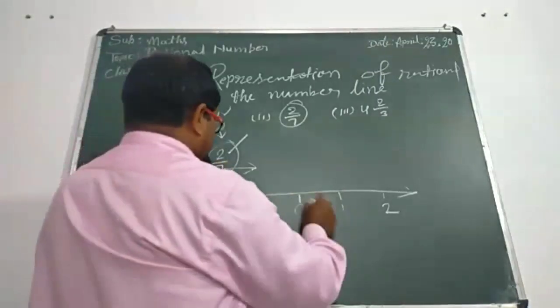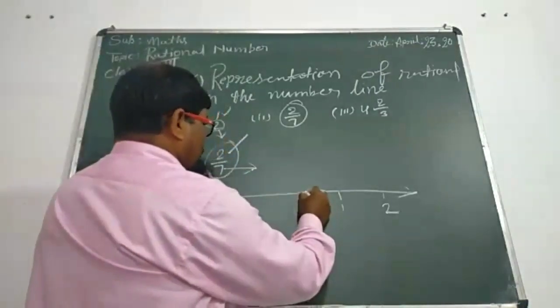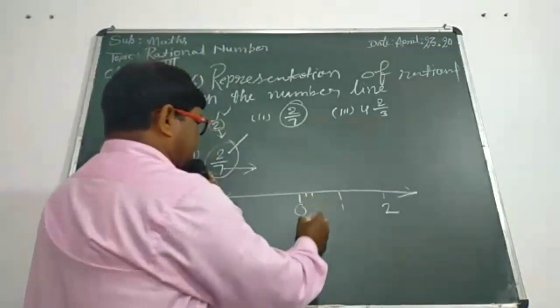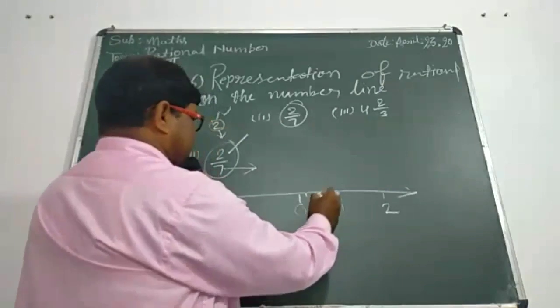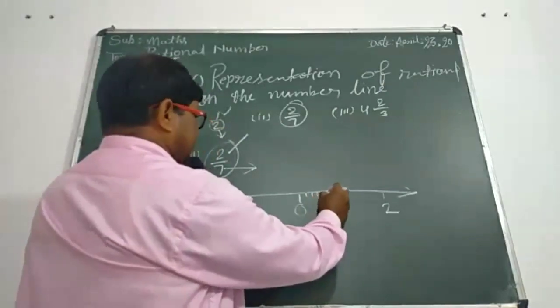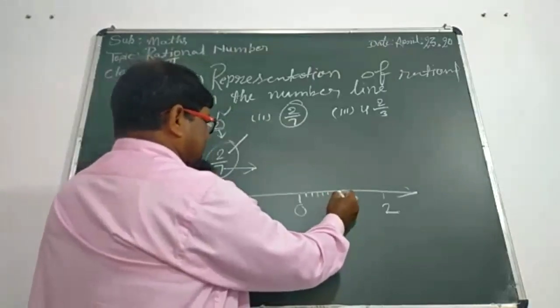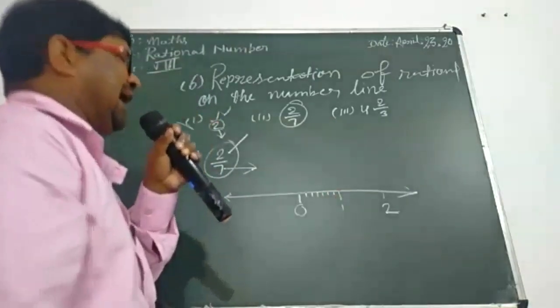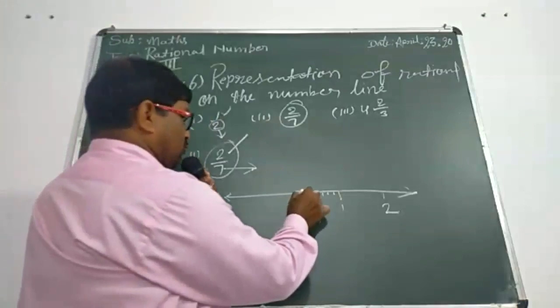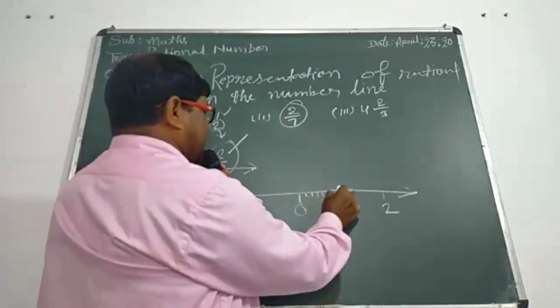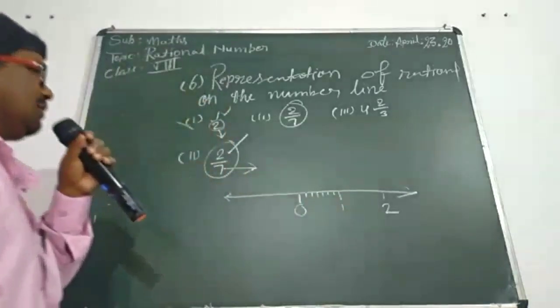So divide it into 7 subparts. 1 subpart, 2 subpart, 3 subpart, 4 subpart, 5 subpart, 6 subpart, then 7 subpart. Okay. Now count. 1, 2, 3, 4, 5, 6, 7 subparts.